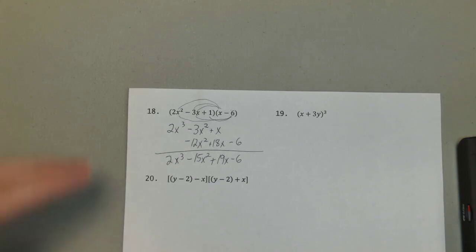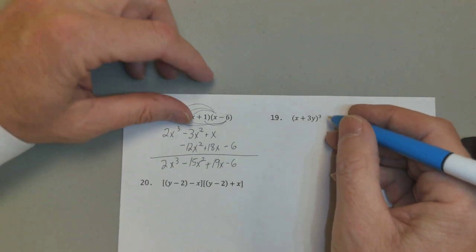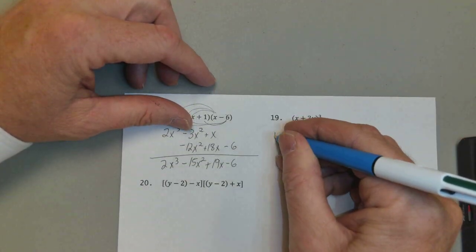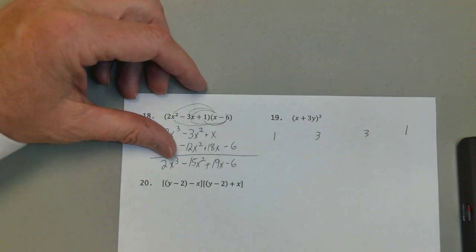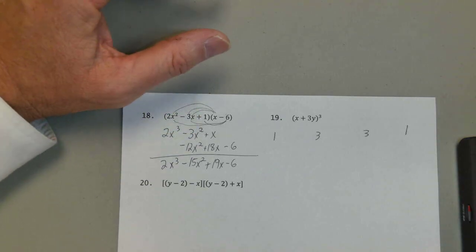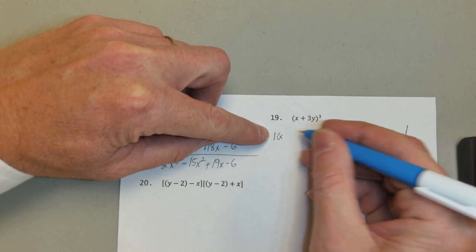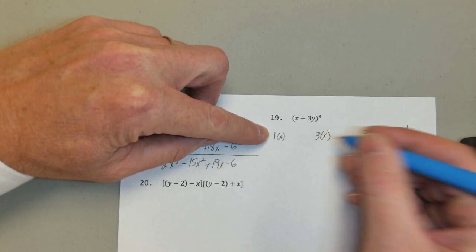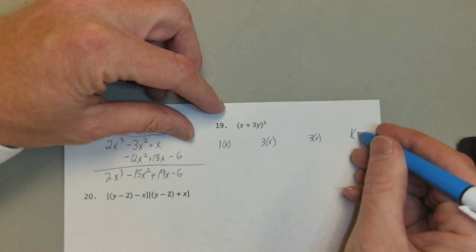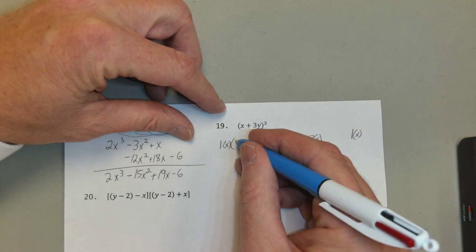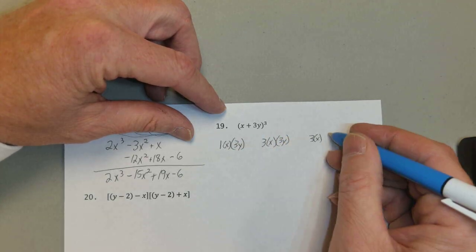Now 19, you've got 2 options. If you know the cube coefficients, that's 1, 3, 3, and 1. Okay, and we will do this further, but I'll take the first term for each of these, and then I'll take the second term in the binomial on each term.